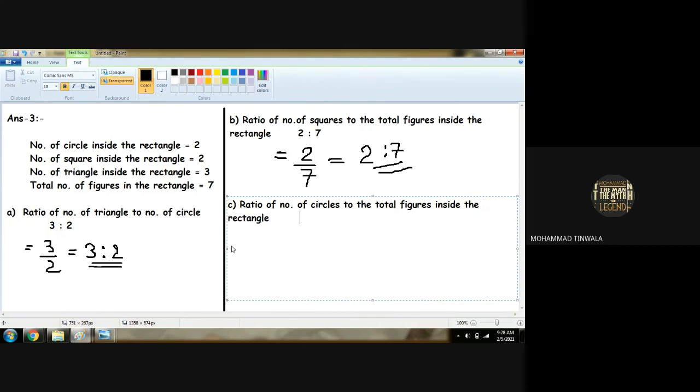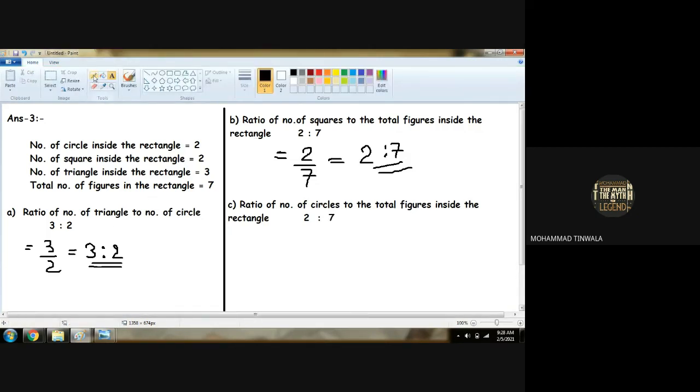So number of circles are how much? 2. And total number of figures are 7. So again, can I write 2 upon 7 here? 2 is to 7 means 2 upon 7. Now, are they divided with each other? No. So 2 is to 7 is itself our answer. Our sum number 3 is over.